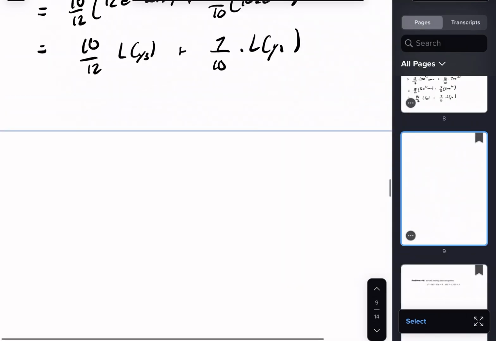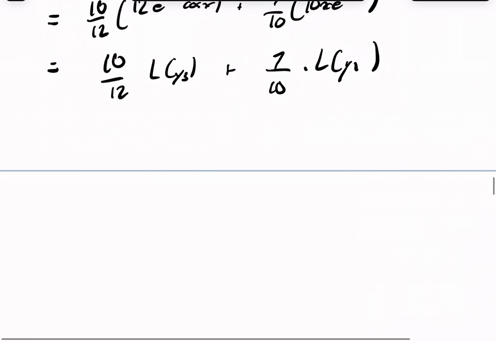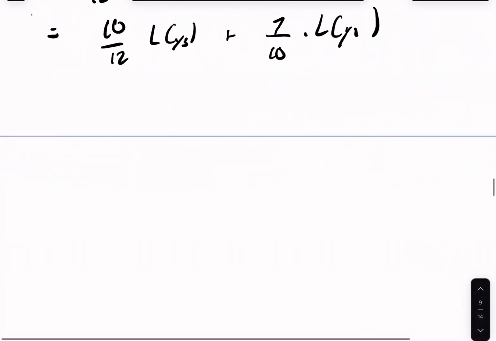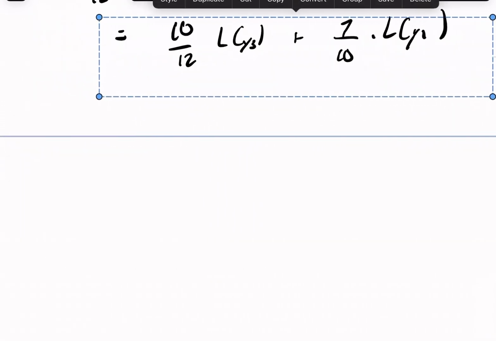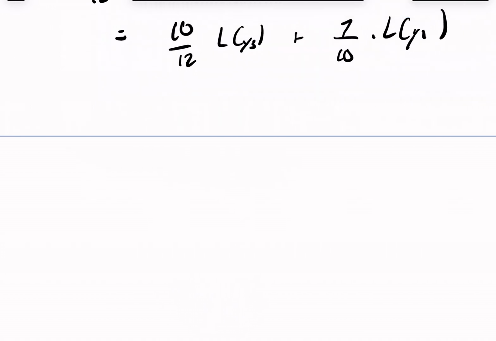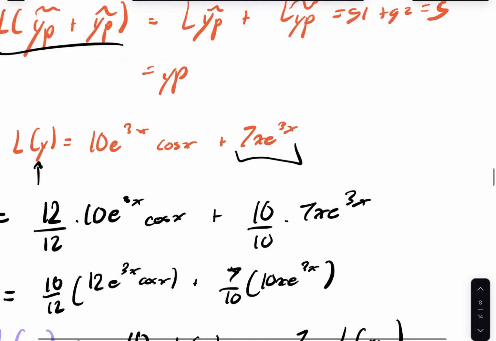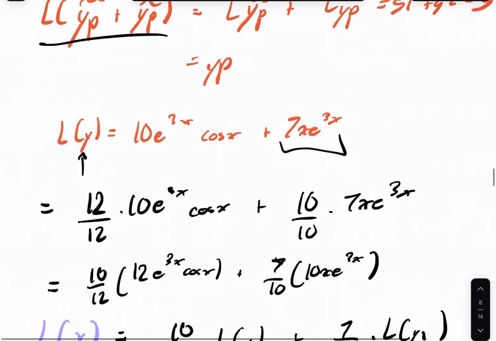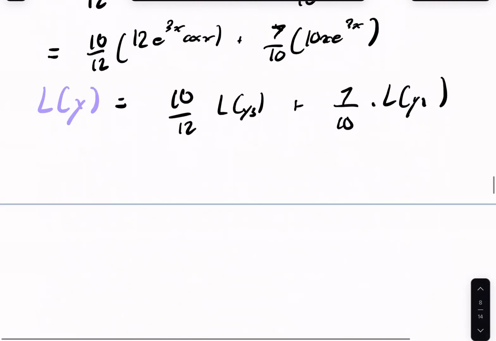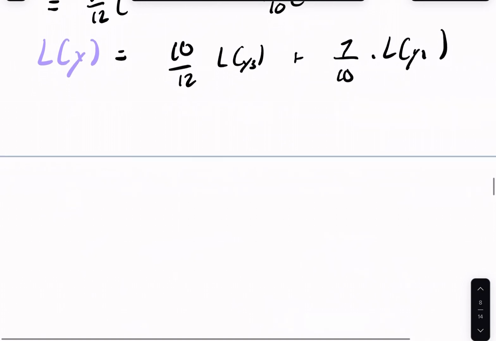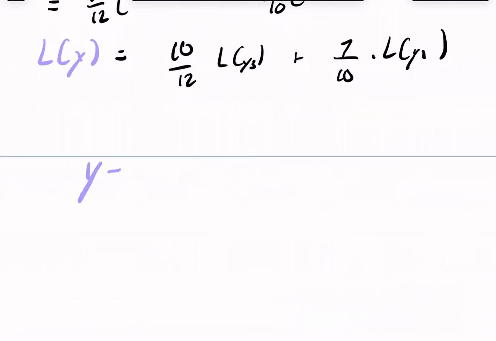Okay, cool. So if that's the case, and we know that this equals L at Y, and we're gonna try and correlate it to this, then really, Y equals 10 over 12 Y3 plus 7 over 10 Y1.